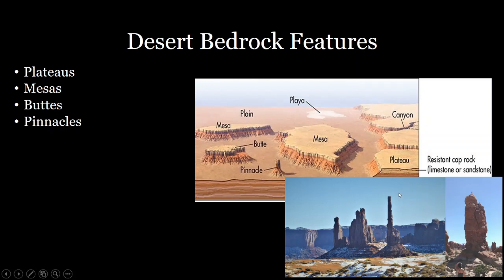These are pretty much straight vertical towers that develop as a butte erodes even further in from its sides. This is in Monument Valley, and this here is in Arches National Park. And for scale, you can see the rock climbers at the top here. These can be very large features that are just remnants of the rock that was once completely surrounding it.